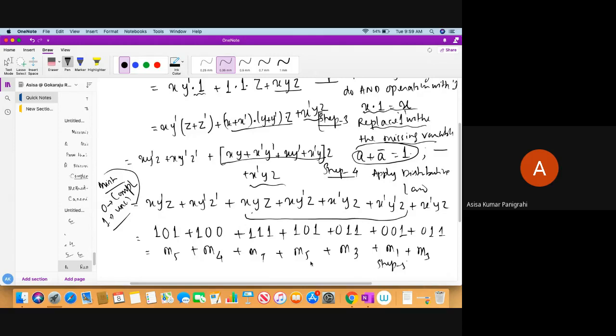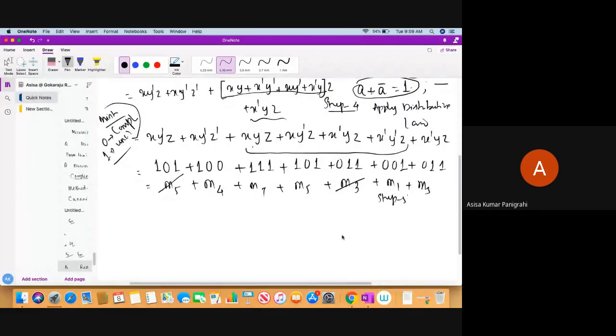Now the last step, step 5. Wherever the repeated terms are there, just ignore one of them. Here it is repeated, M5, M5. Here also M3, M3. Those 2 terms, just drop them. Why have we dropped them? Because we know that X or X is X. That's why we have reduced.